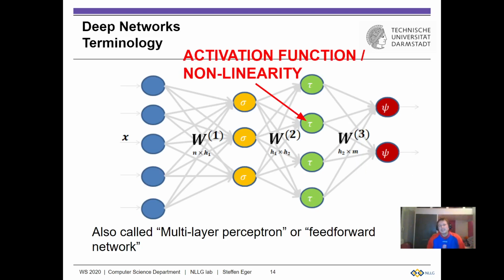And as I said, we have those activation functions, which I denote here by sigma, tau, and psi. These are also called nonlinearities, because if you have a little bit of math background, what we're doing is basically a linear operation. We're multiplying a vector times a matrix. That's a linear operation.